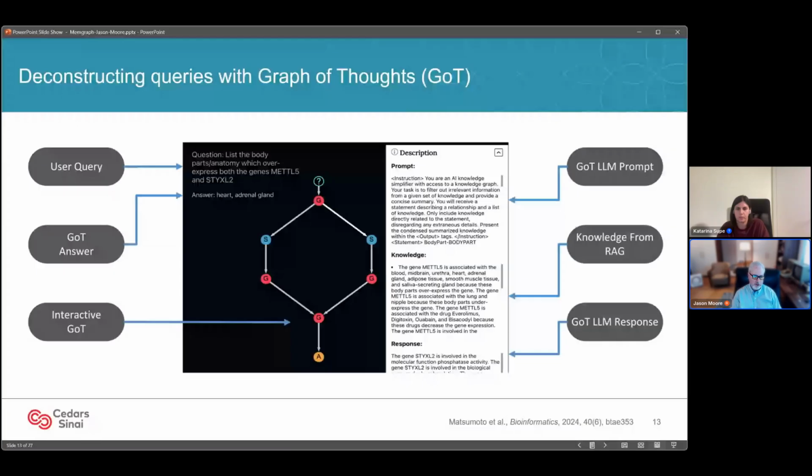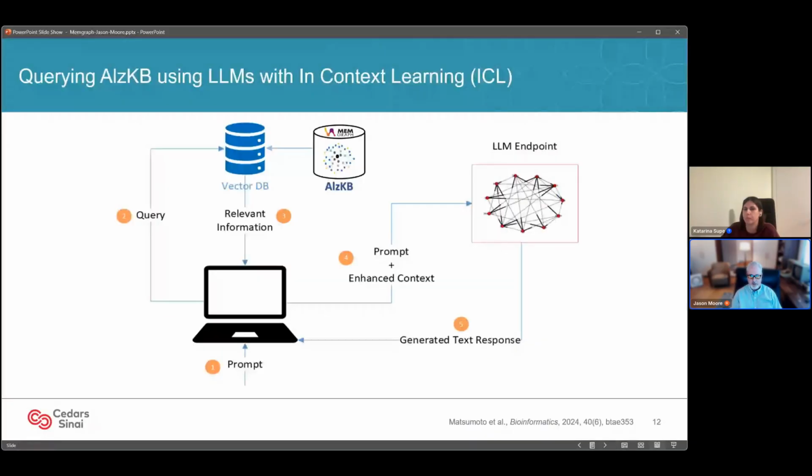Now we do one additional big piece to this puzzle to get this to work well. The challenge of this RAG approach is that questions are often more complex than what can be handled by the system that I just described.